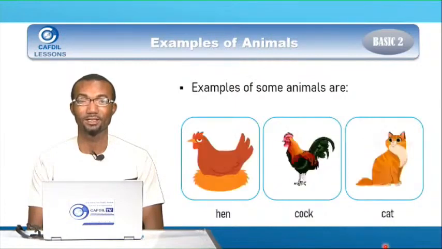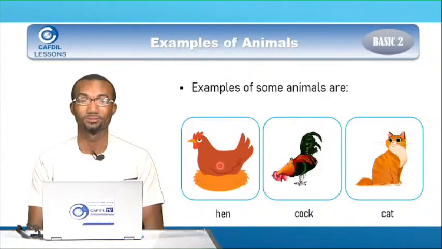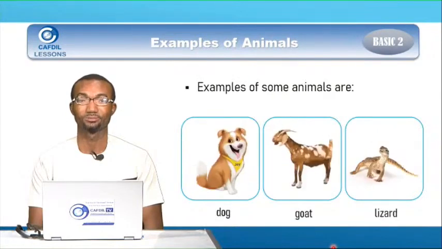Let's look at another set. We have hen. We have cock. The hen is female, the cock is male. And then we have cat. Hen, cock, and cat are examples of animals.